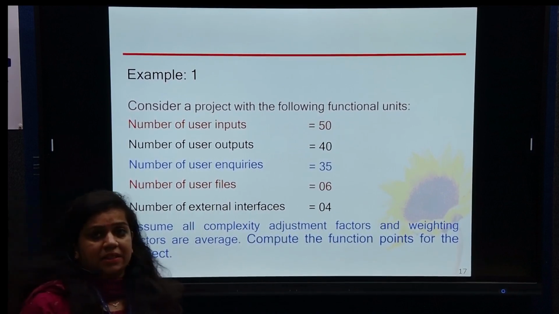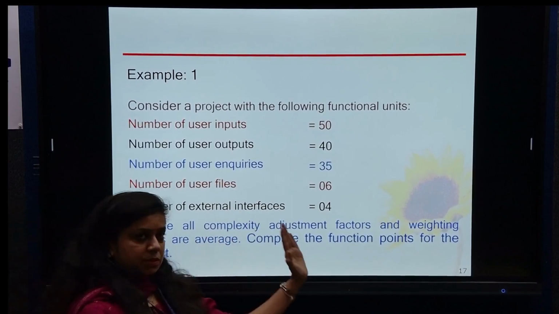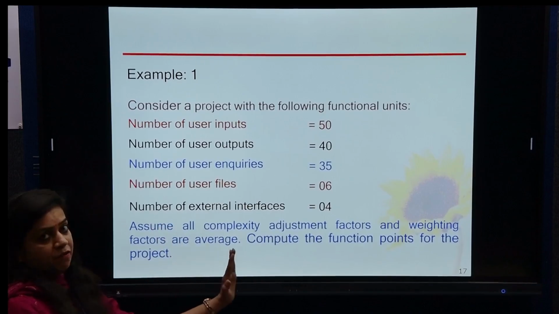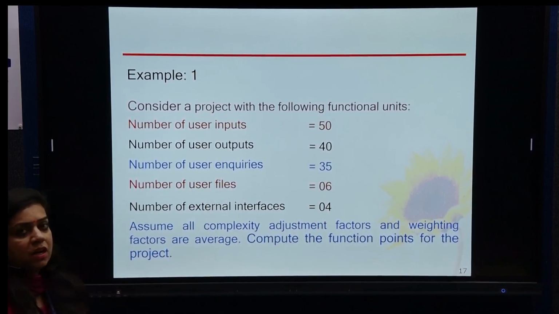In this case, we are assuming that all the complexity adjustment factors as well as weighting factors are average. And we have to compute the function point for the project.